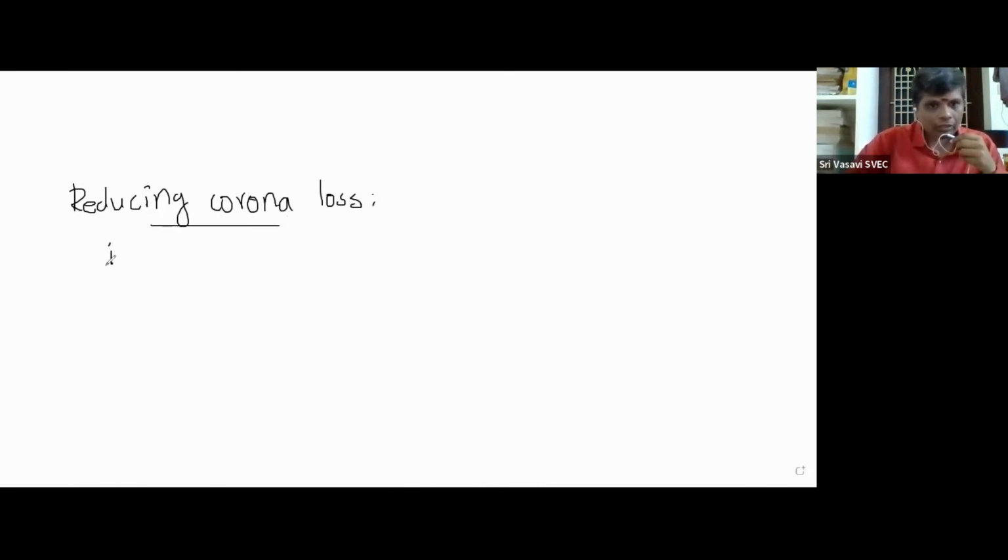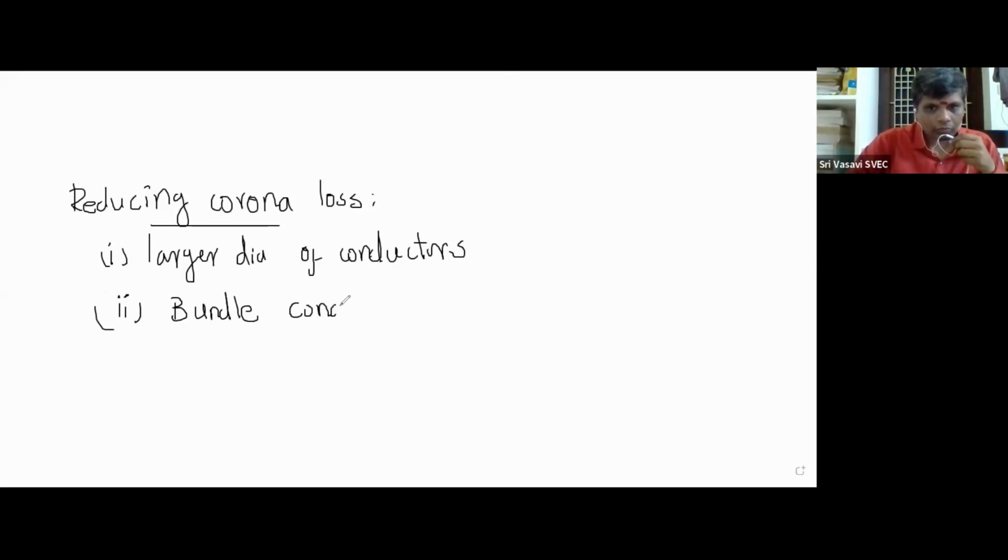Already we have discussed: first, larger diameter of conductors; second, using bundle conductors; and third, using hollow conductors.